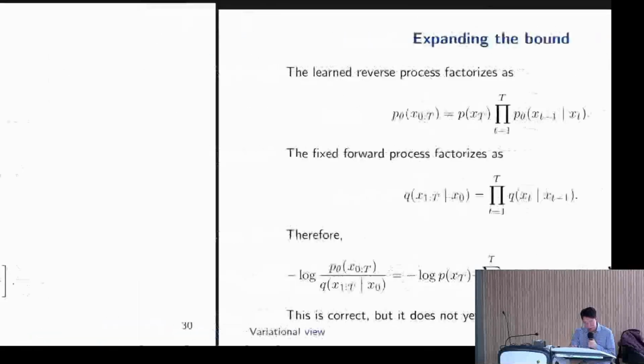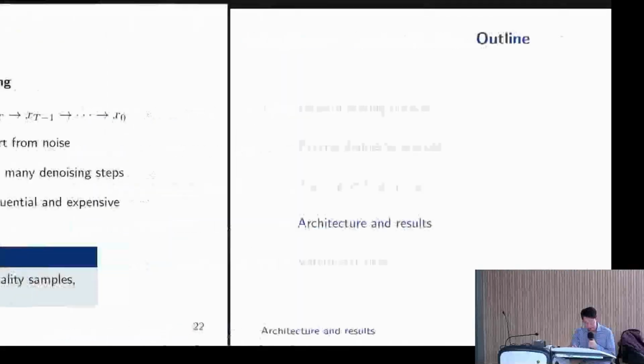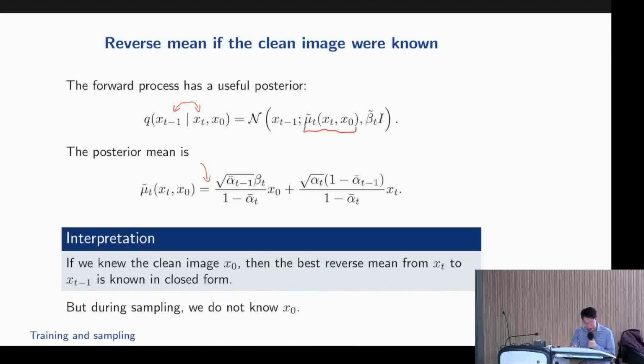Anyways, you can derive it yourself. So posterior is also Gaussian distributed with the following mean parameter.